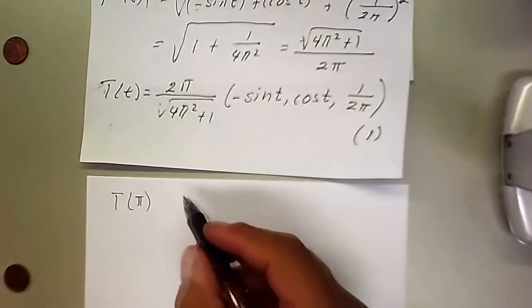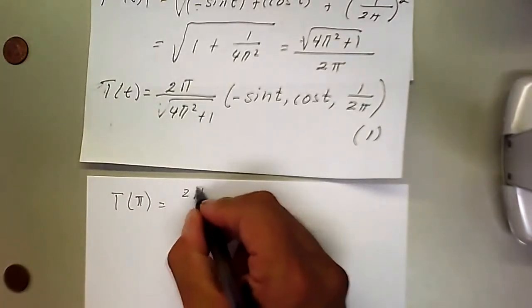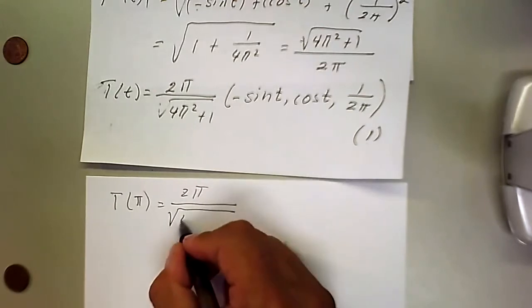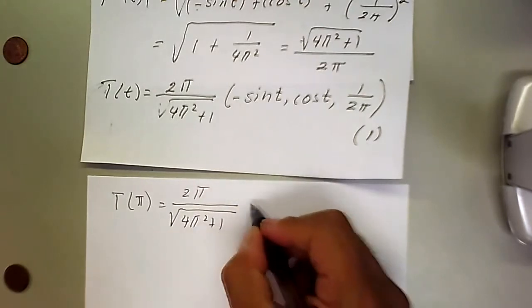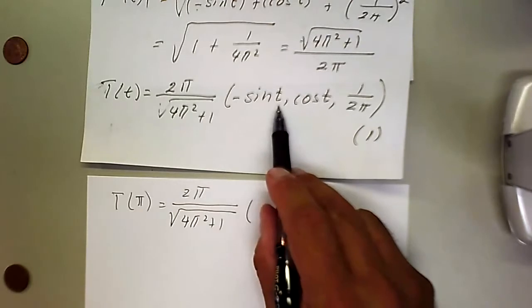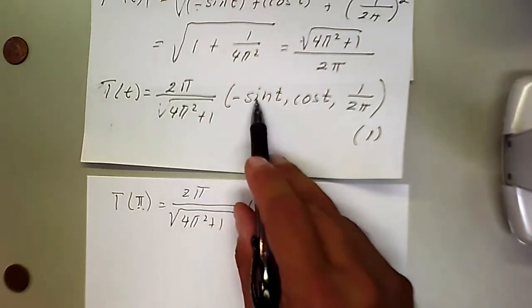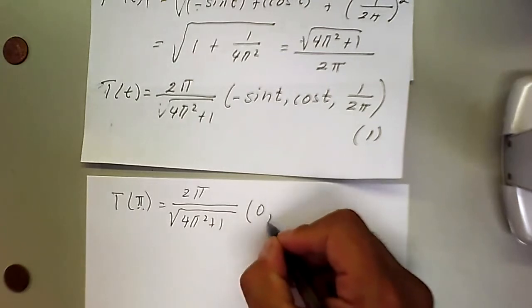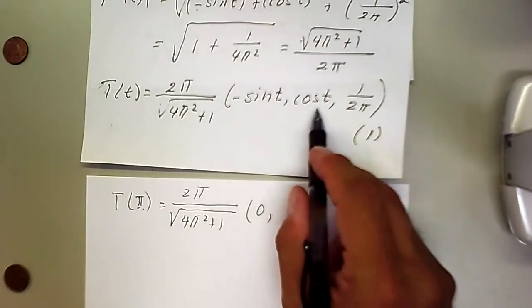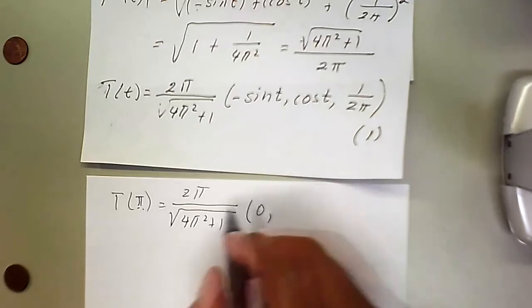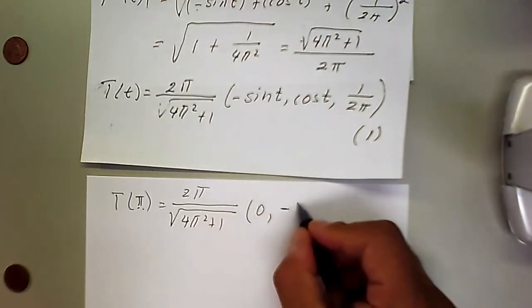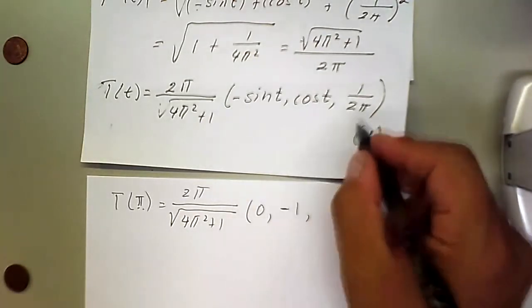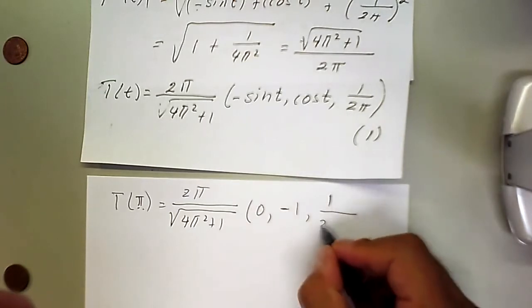So it is 2 pi over the square root of 4 pi squared plus 1. Now remember, we're plugging in pi. Sine of pi is 0, so we end up with -0 or just 0. Then -1, because cosine of pi is -1. And then that is a constant, so we just keep it the way it is, 1 over 2 pi.